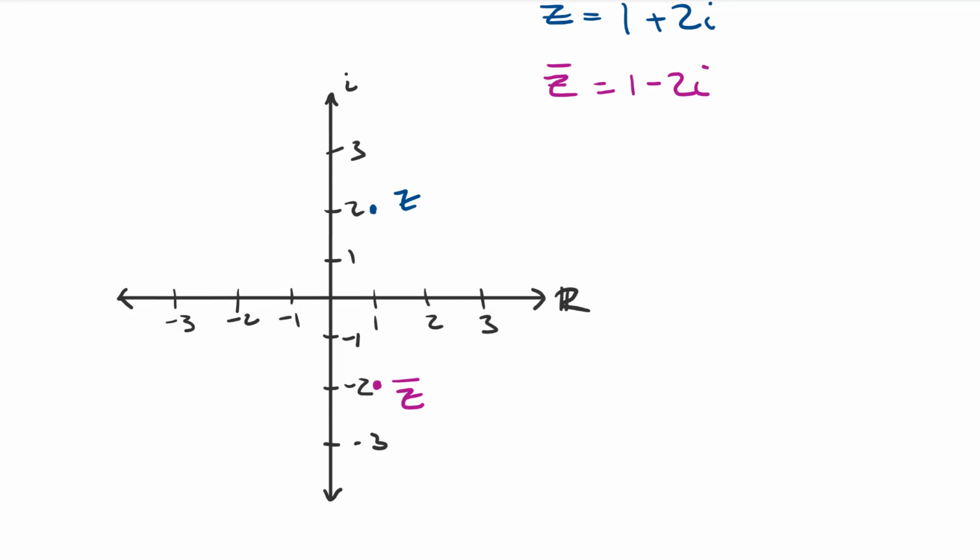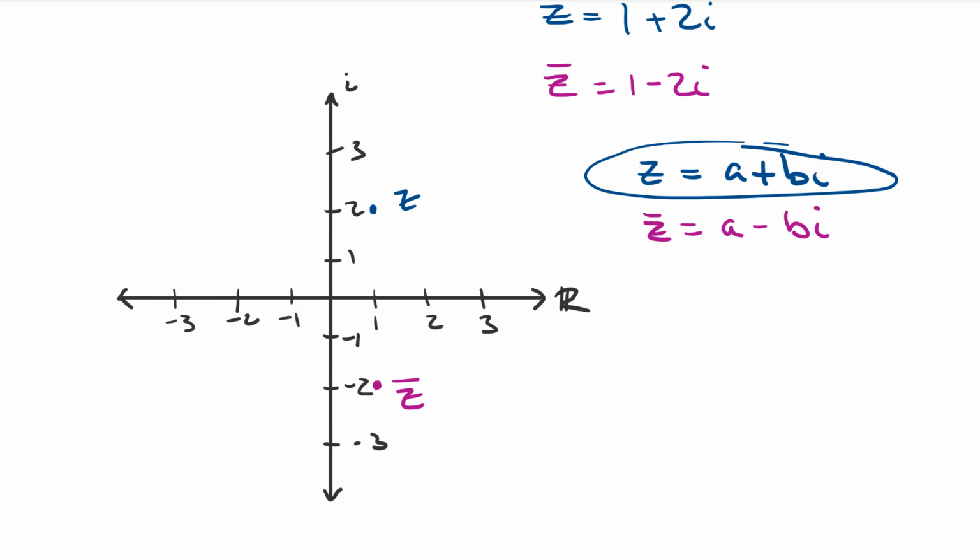The conjugate is always symmetric about the x-axis, right? You're going to get the same x value, yet your y values are just going to be a little bit different. So if I write z is equal to a plus bi, then its conjugate, z bar, is equal to a minus bi. Say the z in blue is right down here.